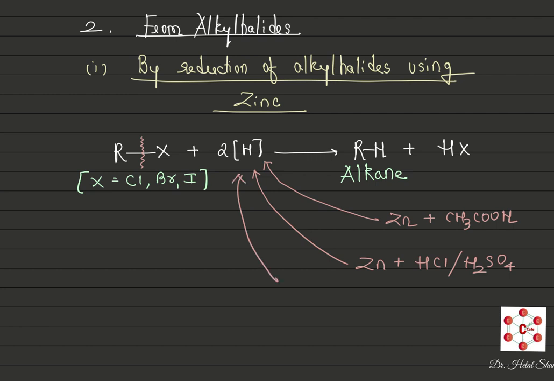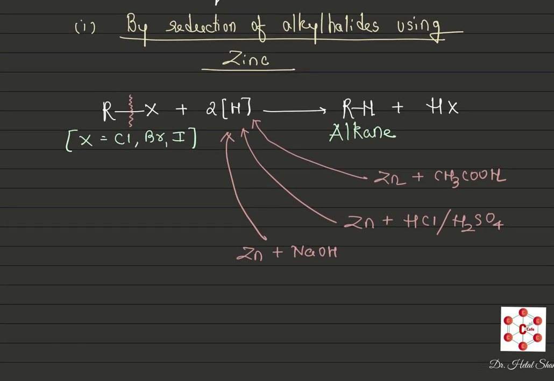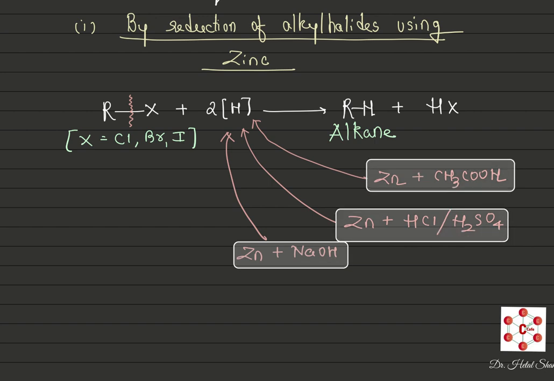The same we can get by taking zinc with NaOH. These are all different ways of getting nascent hydrogen. So 3 systems that I'm going to show you here, they all produce the same thing.